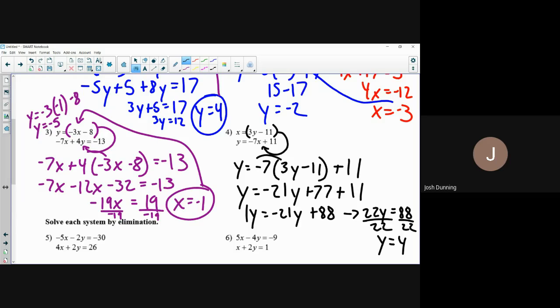And that's one of the things about these substitution or the elimination questions we're about to do. There isn't only one way to do it, which can make it kind of confusing, because if you ask someone for help, maybe they did it a different way than you started to, but it should be the same answer. Now, still got to go back and find the other one. 3y minus 11. 12 minus 11 is 1.